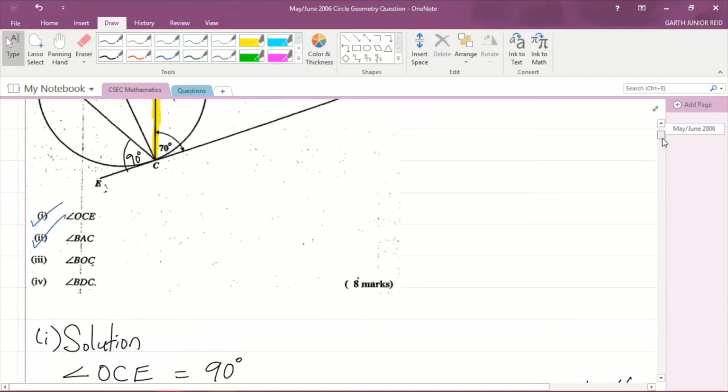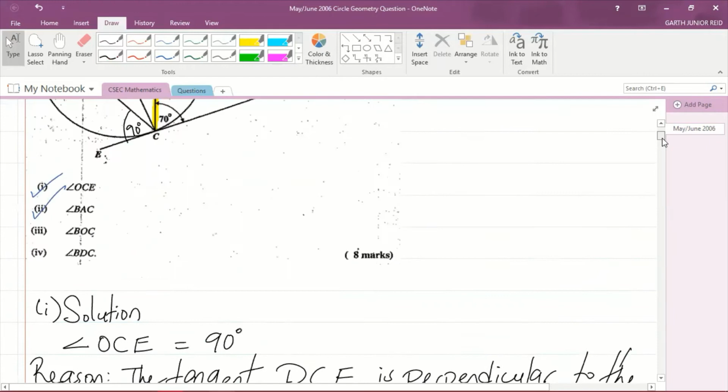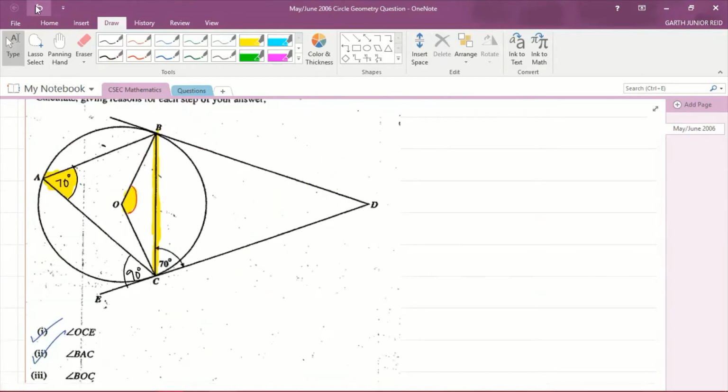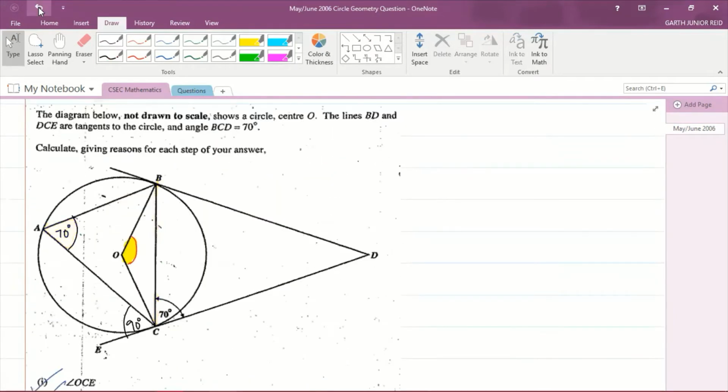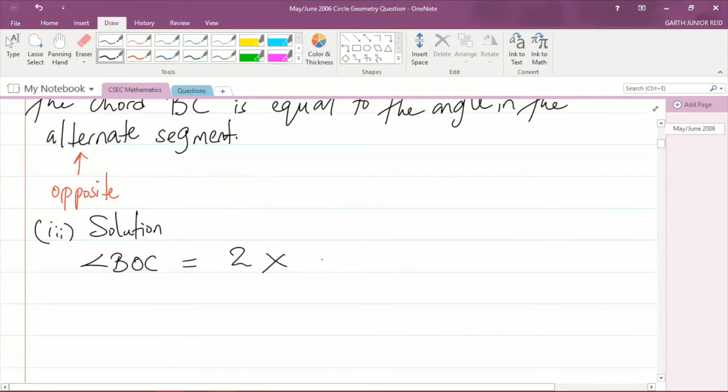So we're at part 3, angle BOC. Solution: angle BOC is equal to, that angle at the center is equal to 2 times the angle at the circumference.